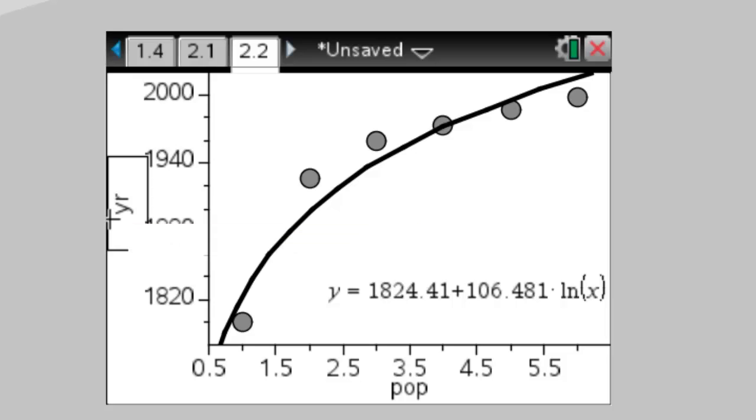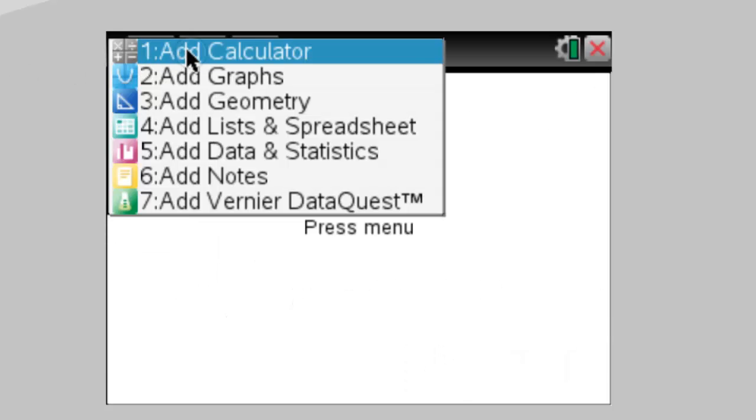So let's get that entered onto a graphs page. But to do that, we have to go to add a calculator page first.